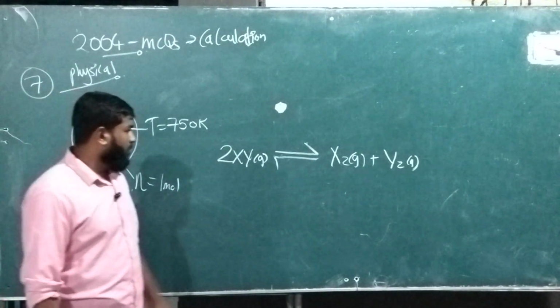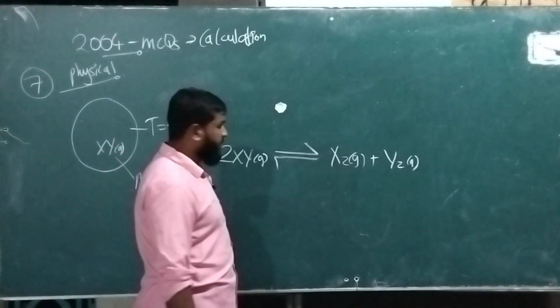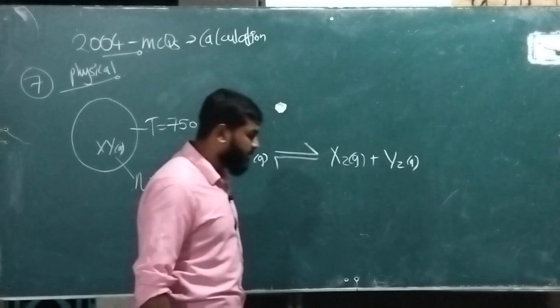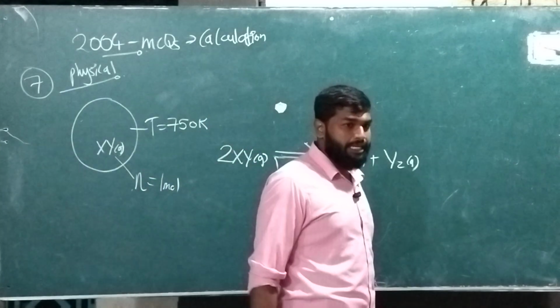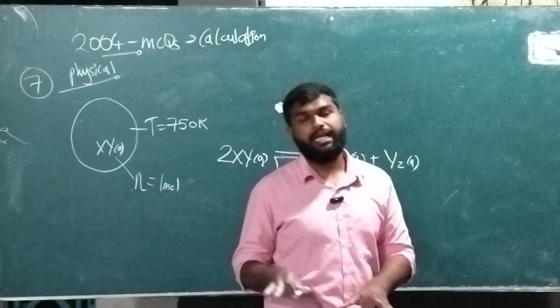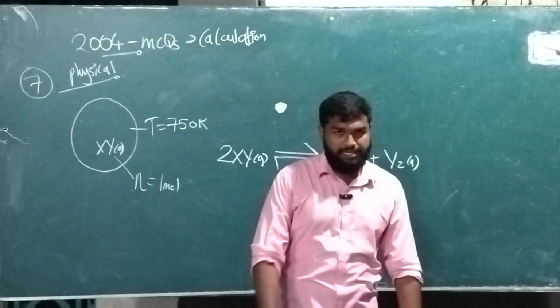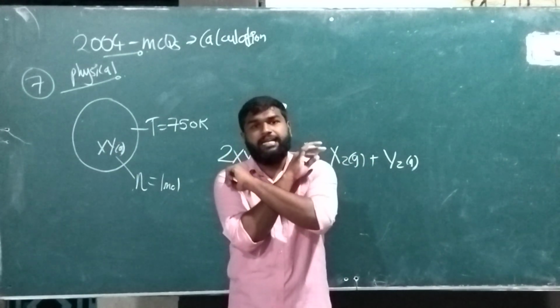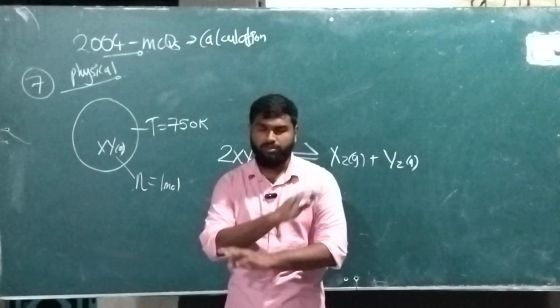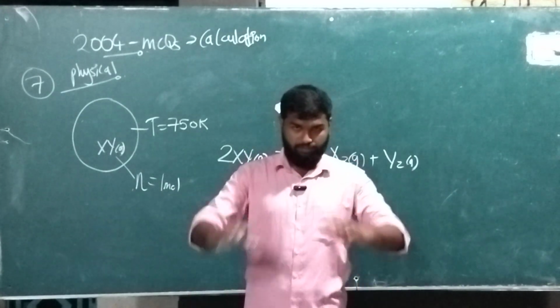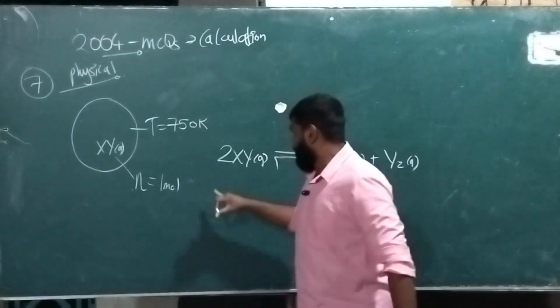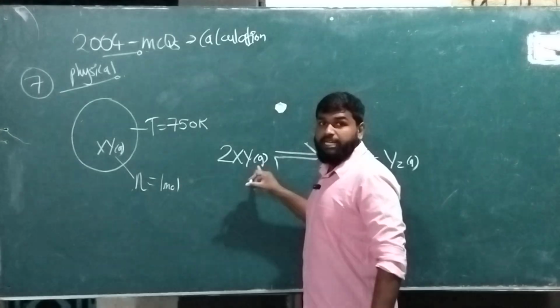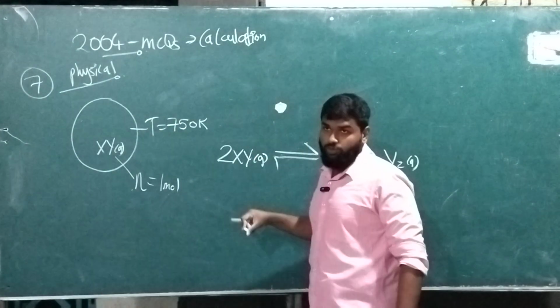Whenever you get an equilibrium reaction, keep in mind you are not going to get any limiting reagent here. The only thing you have to know is what will happen once you heat the system, or once you cool the system.